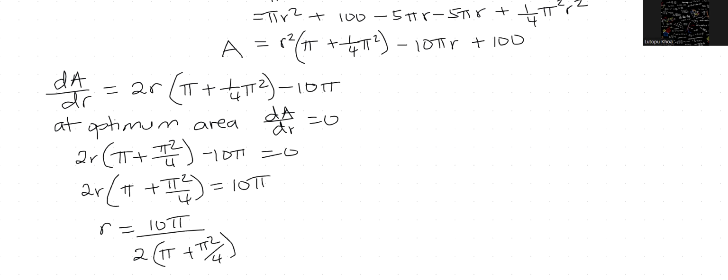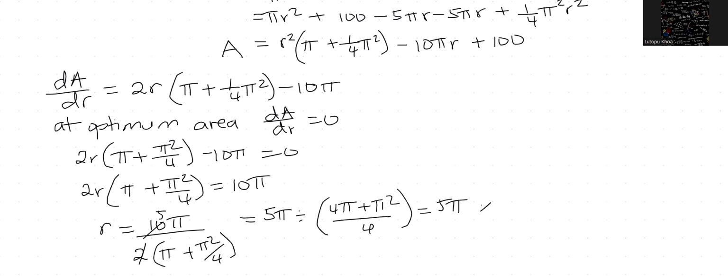It says we must leave our answer in terms of pi. So I have 5 pi, and this I will be dividing by 4 pi plus pi squared over 4. This is 5 pi times 4 over 4 pi plus pi squared.